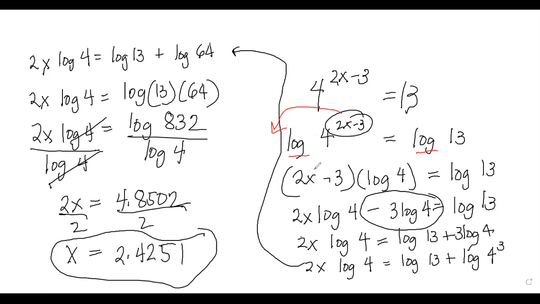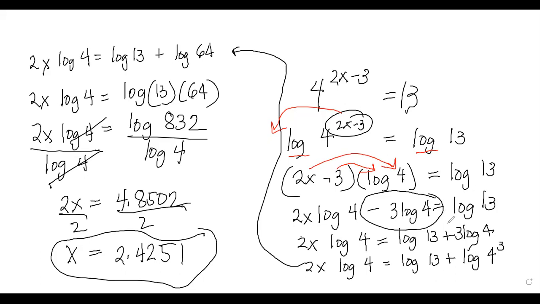Okay? Ngayon, i-distribute natin 2x times log 4 saka negative 3 times log 4. That would give us 2x log 4 minus 3 log 4. Ngayon, ilipat ko sa kabila si negative 3 log 4.